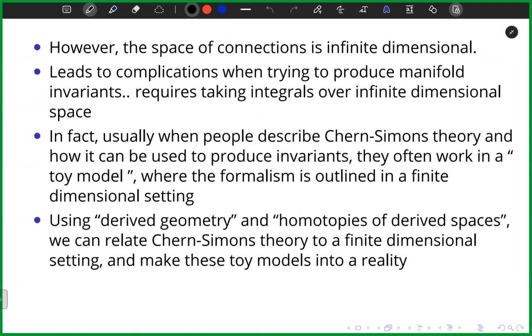So using derived geometry and homotopies of derived spaces, we can relate Chern-Simons theory to a more finite dimensional setting and make these "toy models" into "reality". I've put quotes around these words because they might not mean anything to you yet, but hopefully they will in a bit.